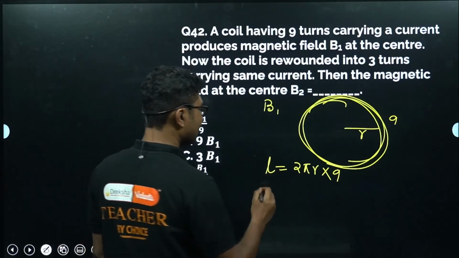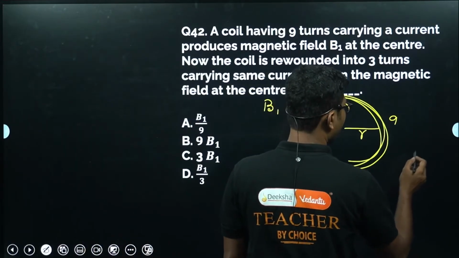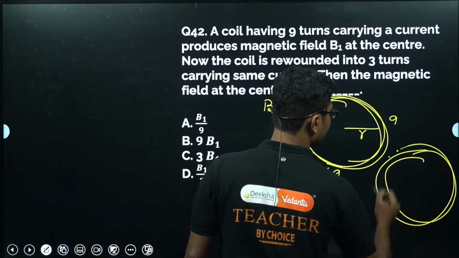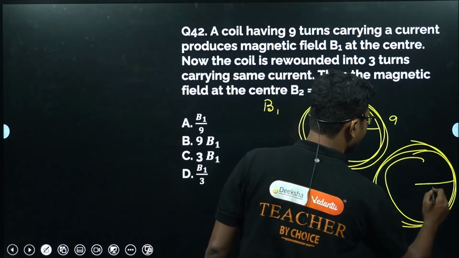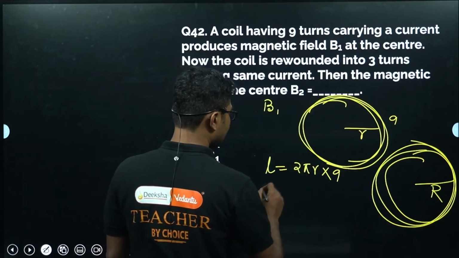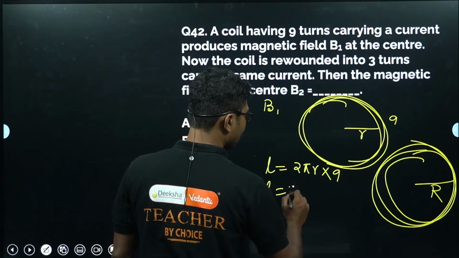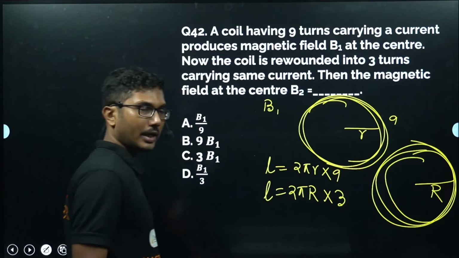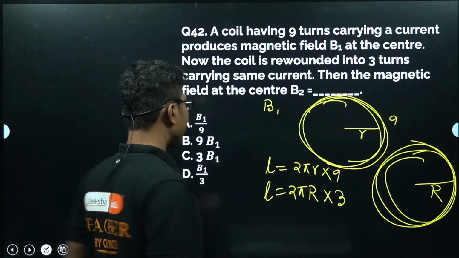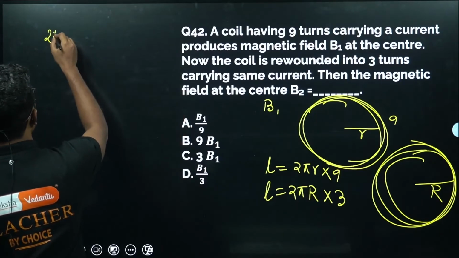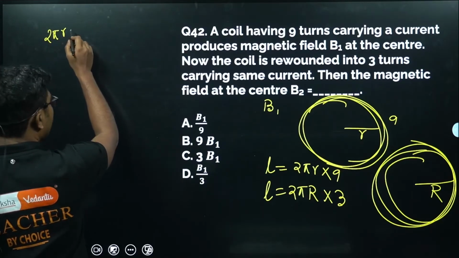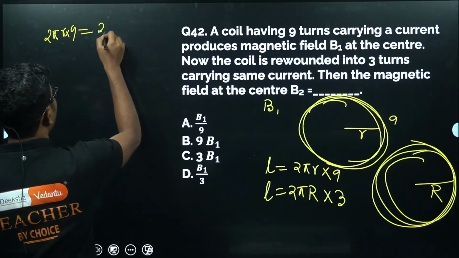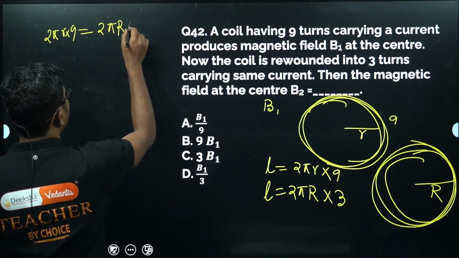In the second case, suppose it is wound in only 3 turns, and the radius becomes, say, capital R. So in that case, the same length L will be 2 pi capital R times the number of turns, 3. So these are the two lengths that we need to compare. 2 pi small r times 9 equals 2 pi capital R times 3.